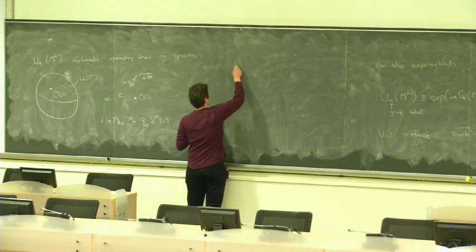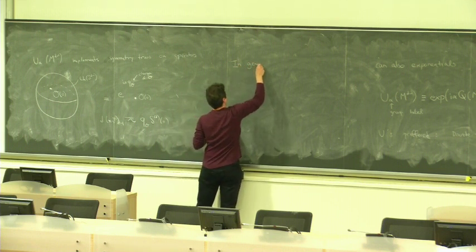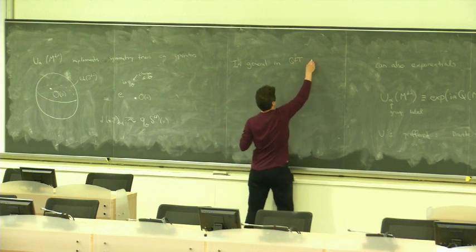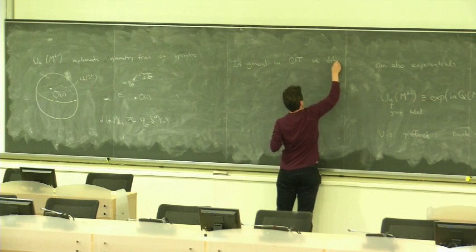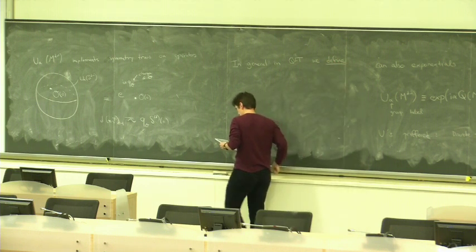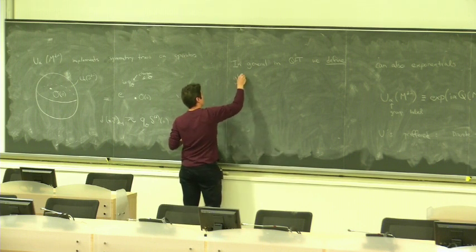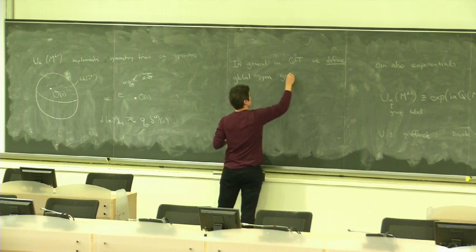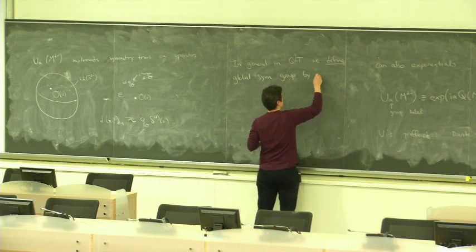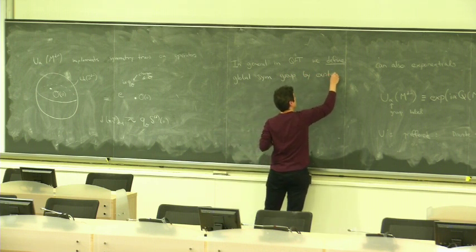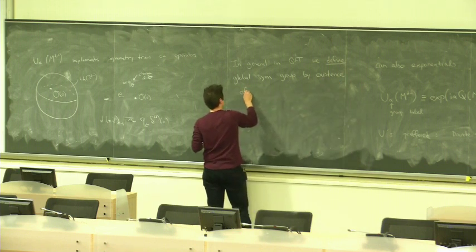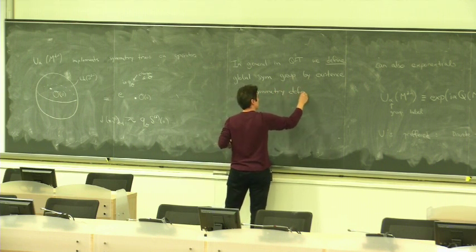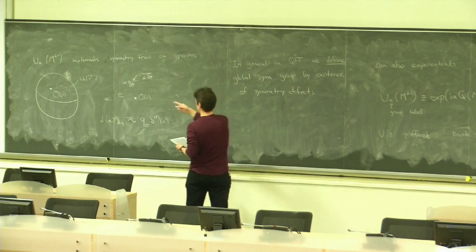So with this kind of logic, in general, in quantum field theory, we can define the global symmetry by the existence of topological operators, these symmetry defects, obeying items 1 and 2.